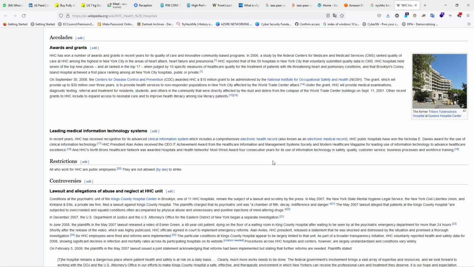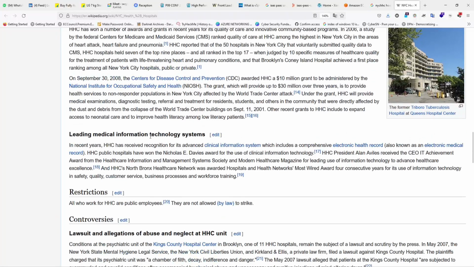But nowadays information technology is an important part. Why? Because of advanced clinical information systems. What kind of information system? They hold the electronic health record of every patient that comes. They have all the scanning reports, the medical history, the documents, and their online transactions.